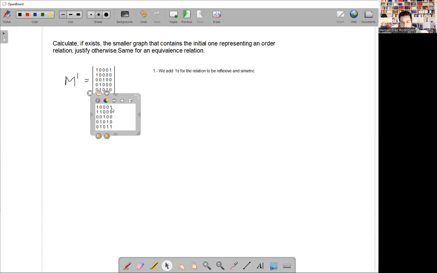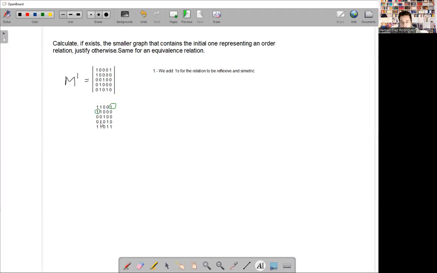So we need to check all the positions where we have ones. So for instance, in the position 1, 5, we have a 1. So we need to have another 1 in the position 5, 1. In the position 2, 1, here, we have a 1, so we need to put another 1 in the position 1, 2.